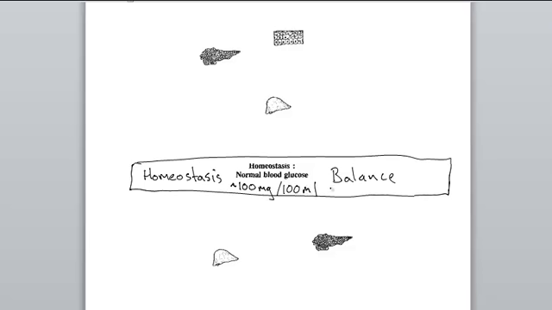Okay? But sometimes we get out of homeostasis. We either go too high or the blood level goes too low. And our body will try and respond to that to get back to homeostasis. So the situation where we're too low is where either we're exercising hard or we've skipped a meal, something like that.